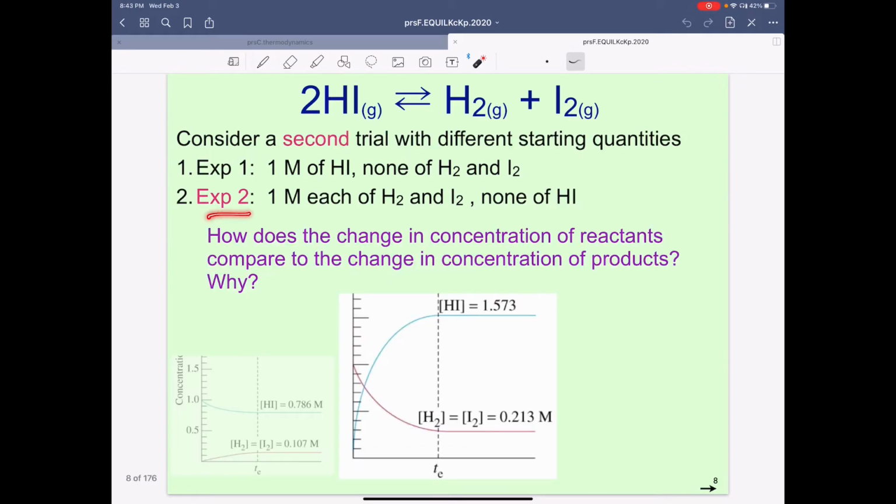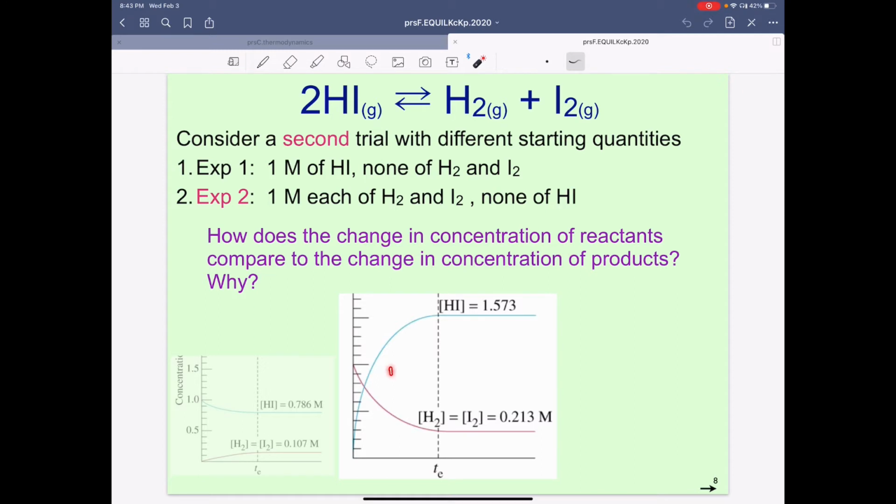A second experiment in which we put some H2 and I2 in the container, 1 molarity again. Notice that those chemicals will decrease while the HI chemical, starting at 0, is increasing. And what do you notice about the change in concentration of the reactants compared to the change in concentration of the products?